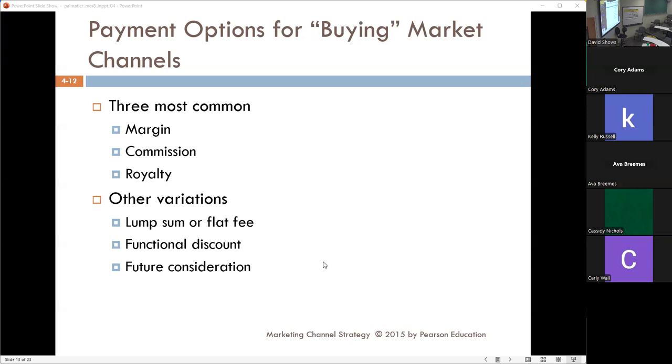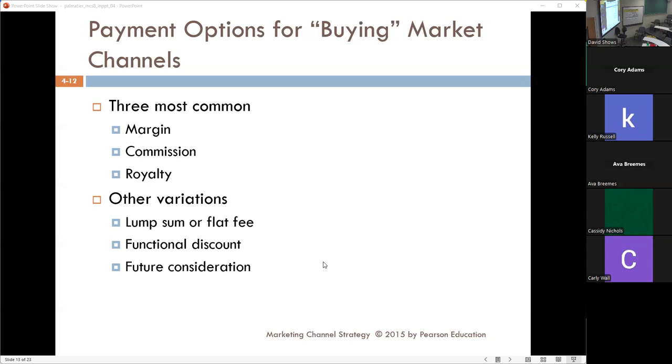And this is usually when you're in fairly good terms with your dealers. And then the last one is a royalty, which is a percentage of the retailer's business. This one is more predominant, especially with franchises.